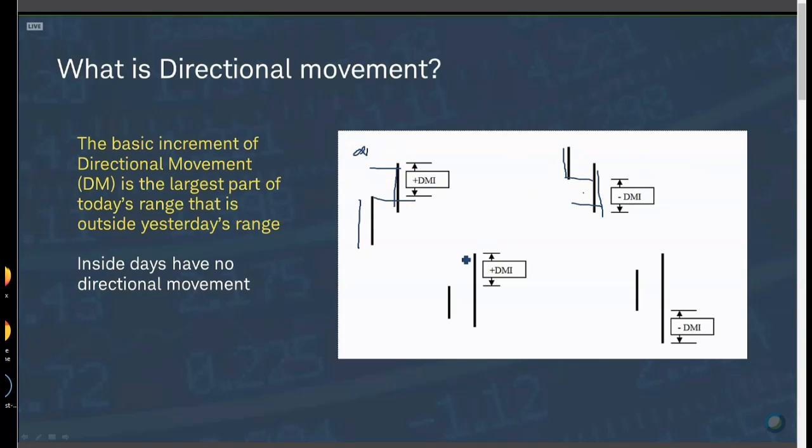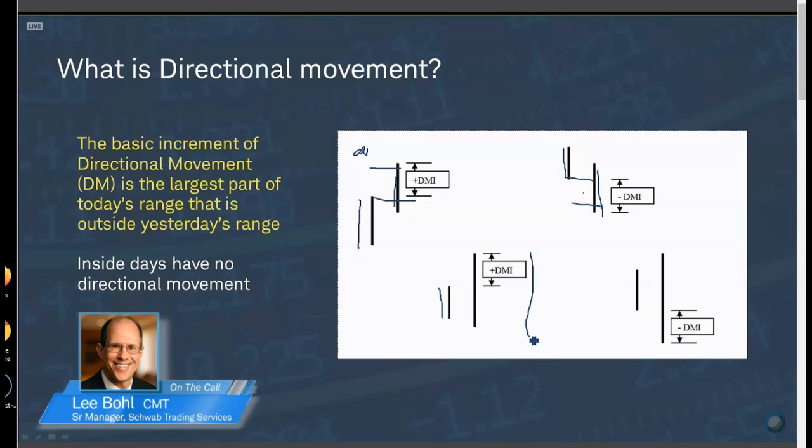Now let's go down to the lower left. This is one step beyond that. That's yesterday's range and this is today's range. Now we have two parts of today's range that are outside of yesterday's range. But remember, it is the largest part of today's range that is outside of yesterday's range. So this is outside of yesterday's range, but so is this.